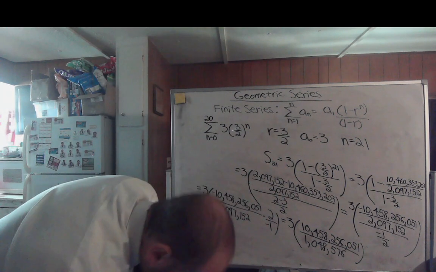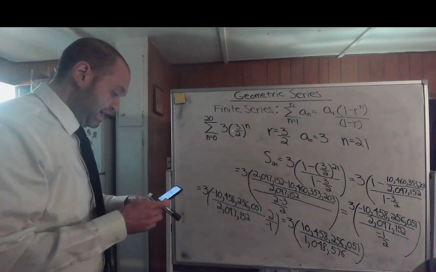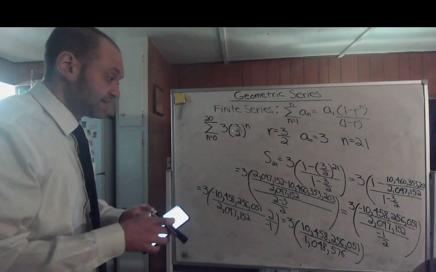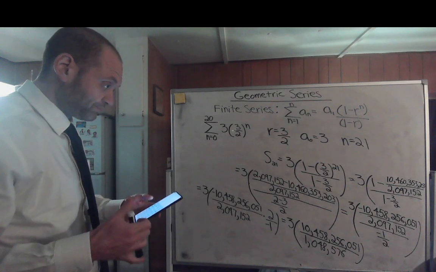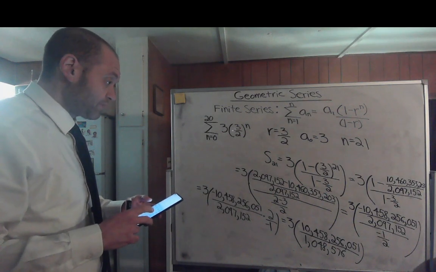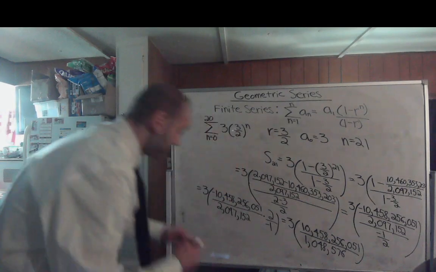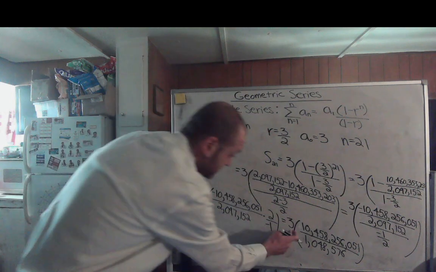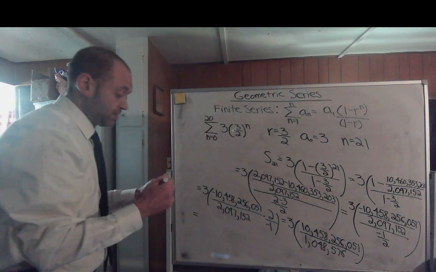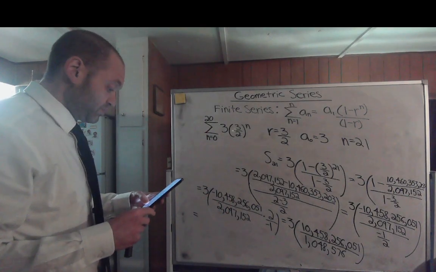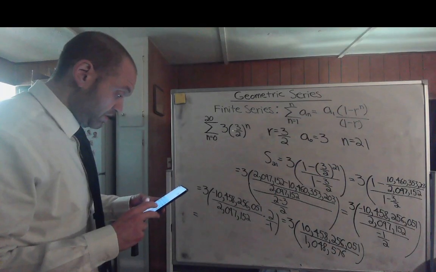Let's see if we're lucky enough for 3 to divide out from that. Unfortunately, it doesn't. So, we're going to get a really fun answer here. 3 doesn't go into this, unfortunately. So, what you're going to be left with, we just have to do a straight multiplication.